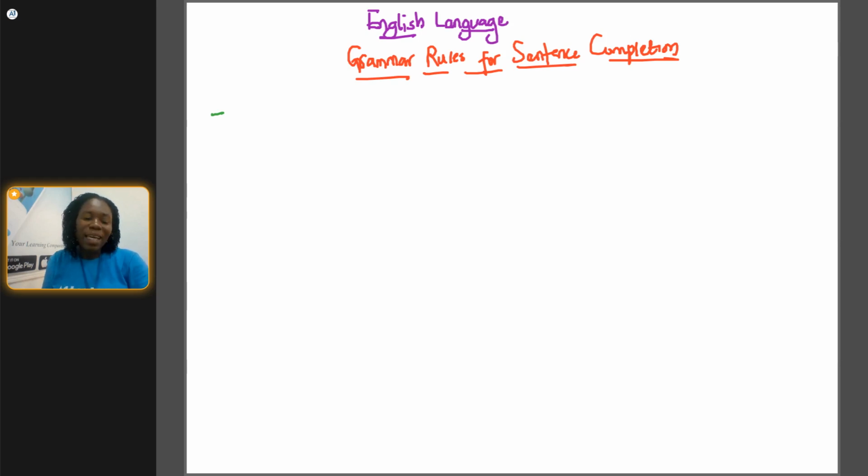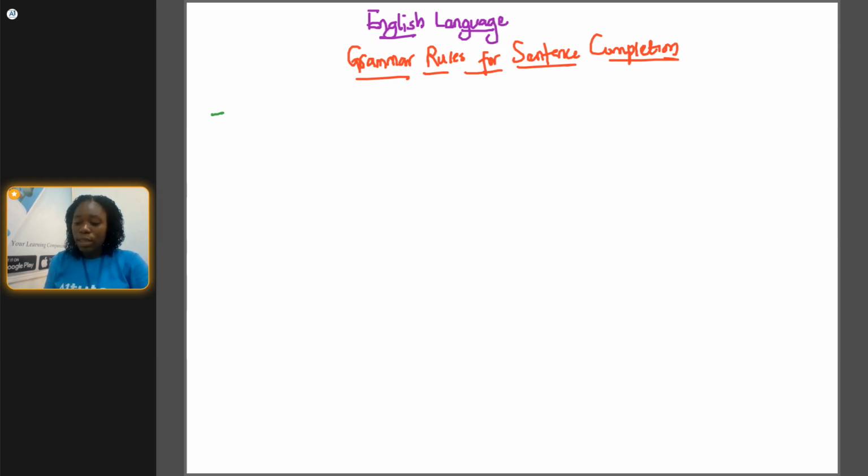When you're talking about sentence completion, we're talking about filling in the gap. But to fill in the gap with the most appropriate option, you need to understand some grammar rules, so make sure you pay attention to them because they will help you a lot in choosing your answers in the examination.